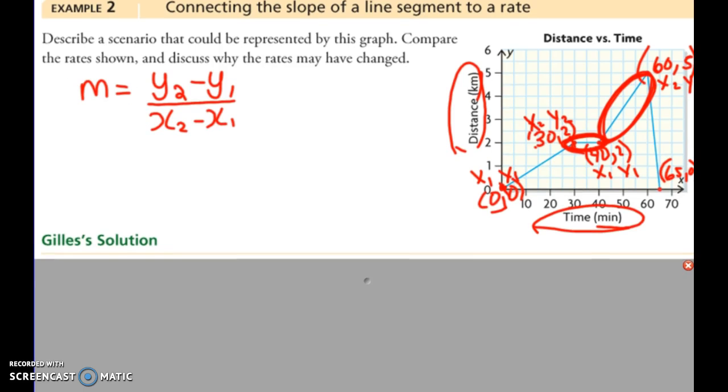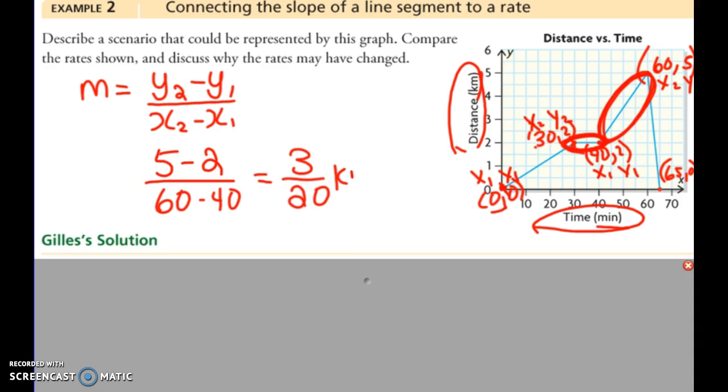So y2 being 5, subtract our y1, which is 2, our x2, which is 60, subtract our x1, which is 40. We then get 3 over 20, since 5 subtract 2 is 3, and 60 subtract 40 is 20. So this person's traveling at 3/20th of a kilometer per minute.